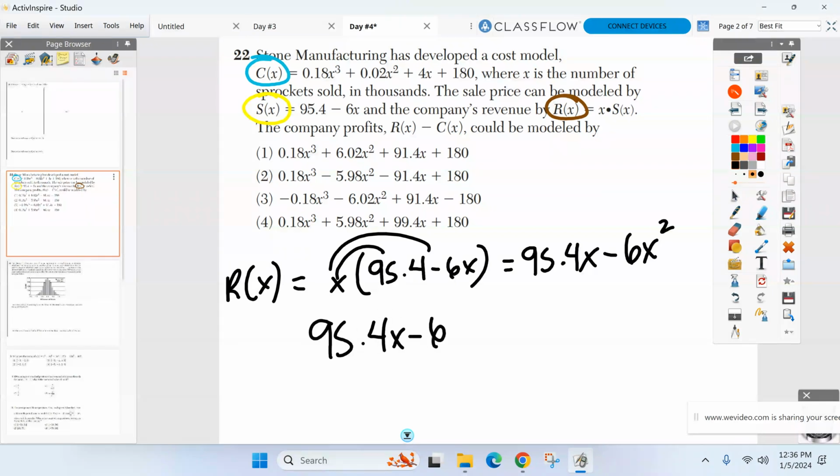95.4X minus 6X squared. Subtract that with the C of X, which is all of this up here. Now, here's where you got to be careful if you got to this point. When you're subtracting all of this.